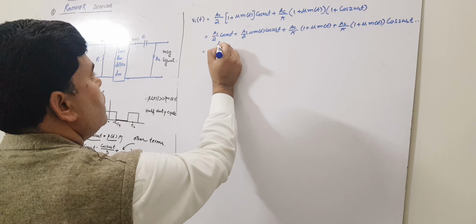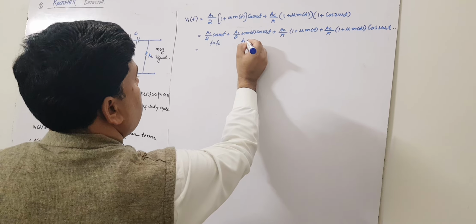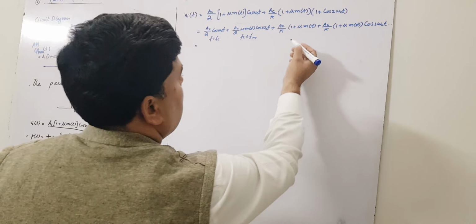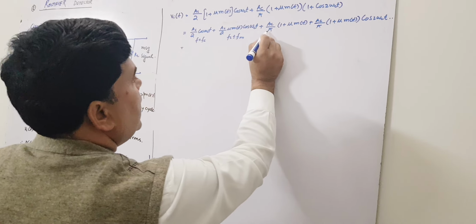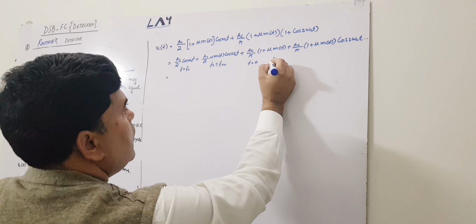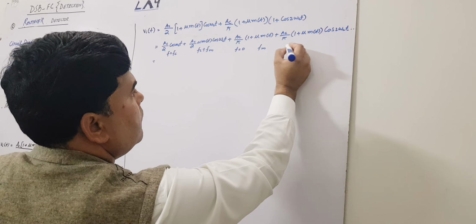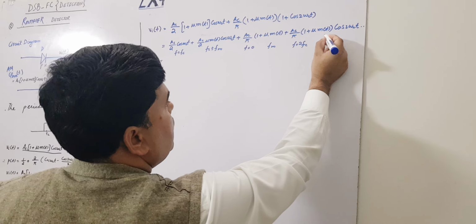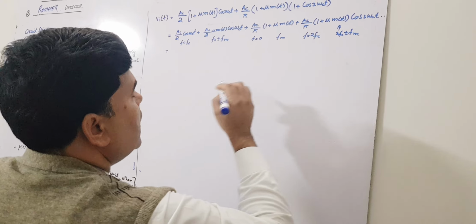The frequency of this one is Fc, and the frequency of that one is Fc plus or minus Fm, because this is again a double sideband signal. For the remaining terms, the constant has frequency equal to 0, the message term has frequency Fm, the next has frequency 2Fc, and the last has frequency 2Fc plus or minus Fm.